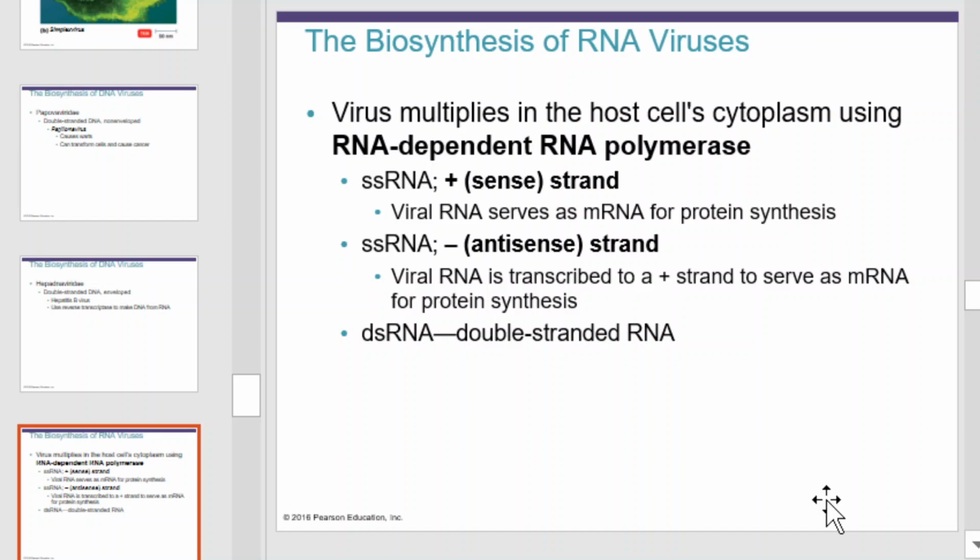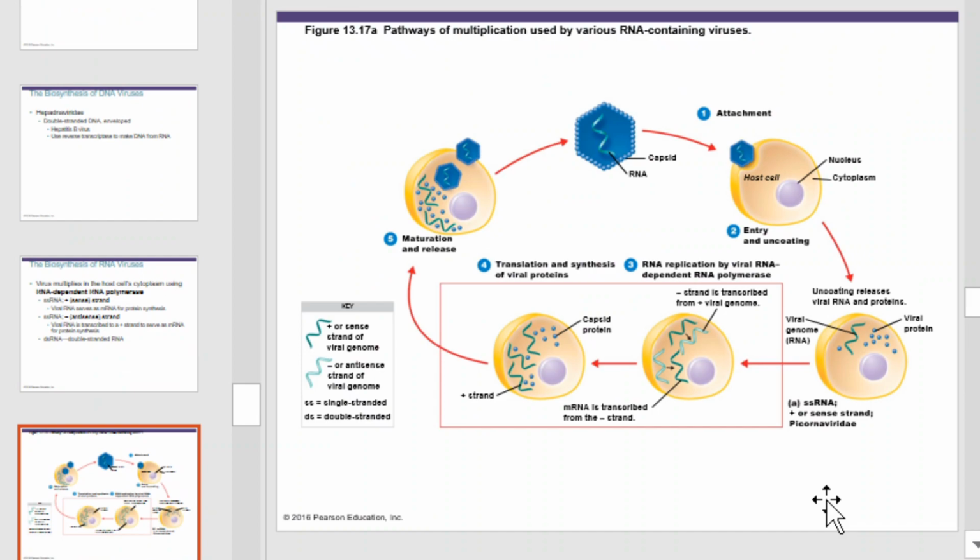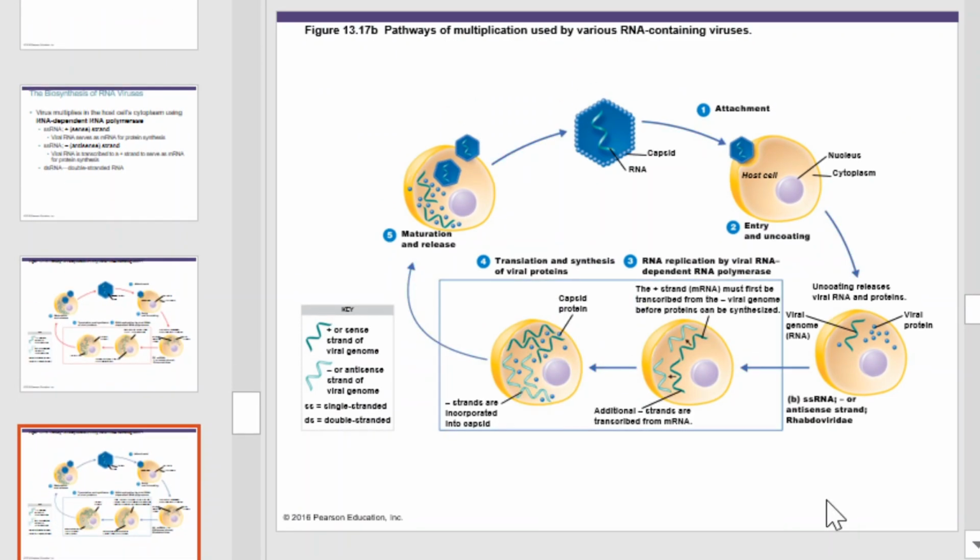RNA-dependent RNA polymerase comes in two forms: a sense strand, where the viral RNA serves as mRNA for protein synthesis, and an antisense strand, where the viral RNA is transcribed to a plus strand to serve as mRNA for protein synthesis. Occasionally, you will have double-stranded RNA. This is a picture illustrating both of those processes.